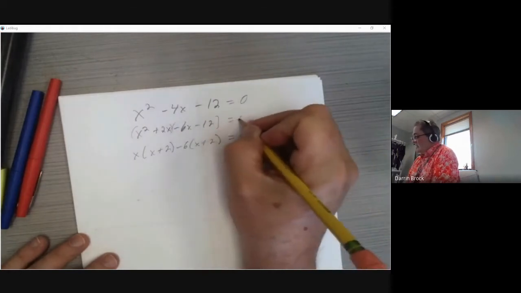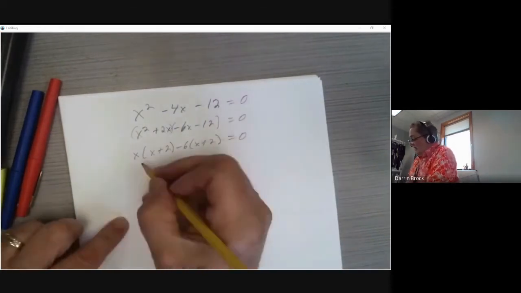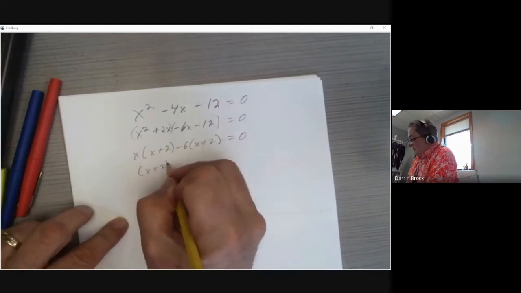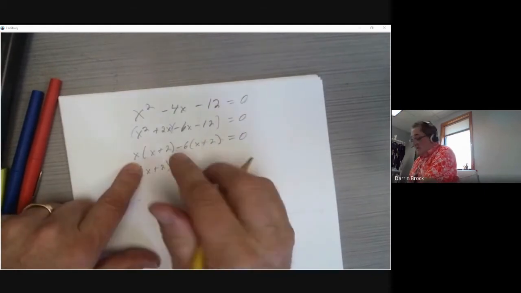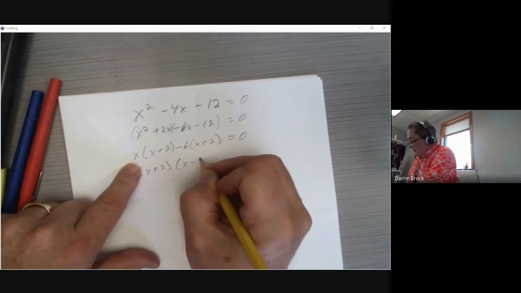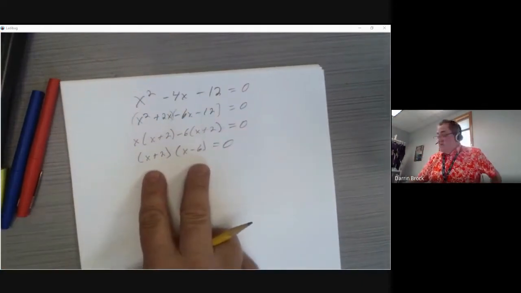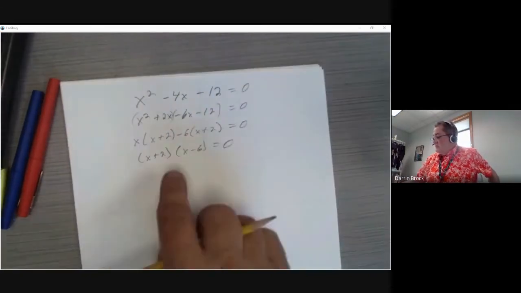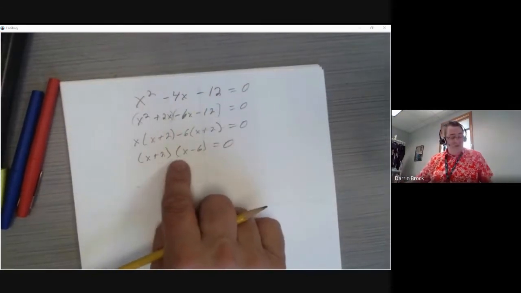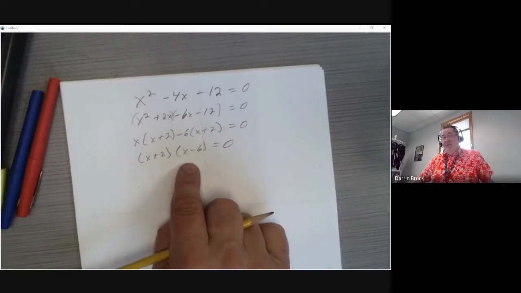And it still equals 0. X plus 2 factors out of both. That leaves an x minus 6 in both terms. So here are the factors of our original quadratic equation. X plus 2 times x minus 6 equals 0.